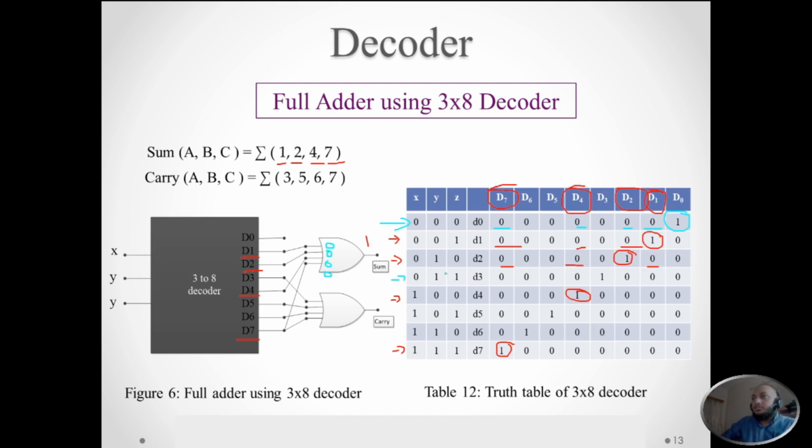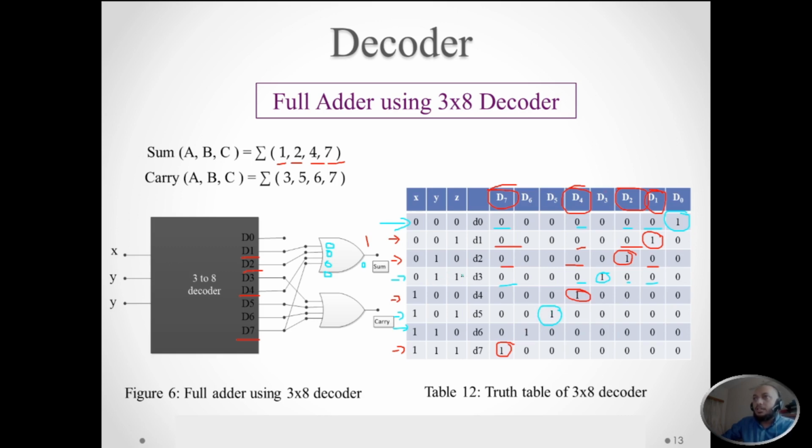Again, for this position only D3 is 1. That means D1, D2, D4, D7 all of them are zeros, so we will get 0 like before. Again, for this one we see that only D5 is 1 here.